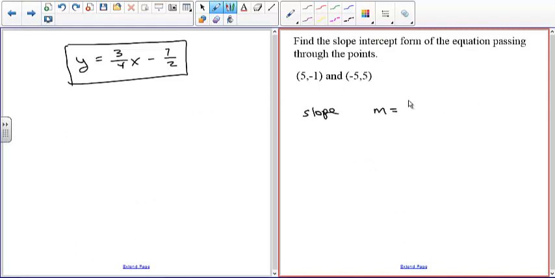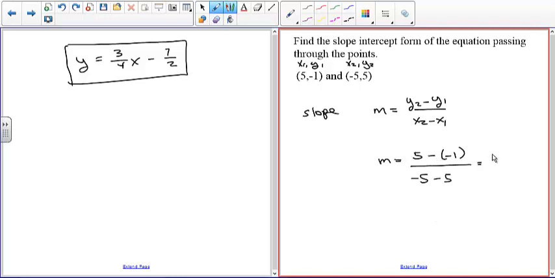So the slope is y2 minus y1 divided by x2 minus x1. Again, I'm going to write these up here like that, so that makes it easy to copy over. y2 is 5, y1 is negative 1, x2 is negative 5, x1 is positive 5.